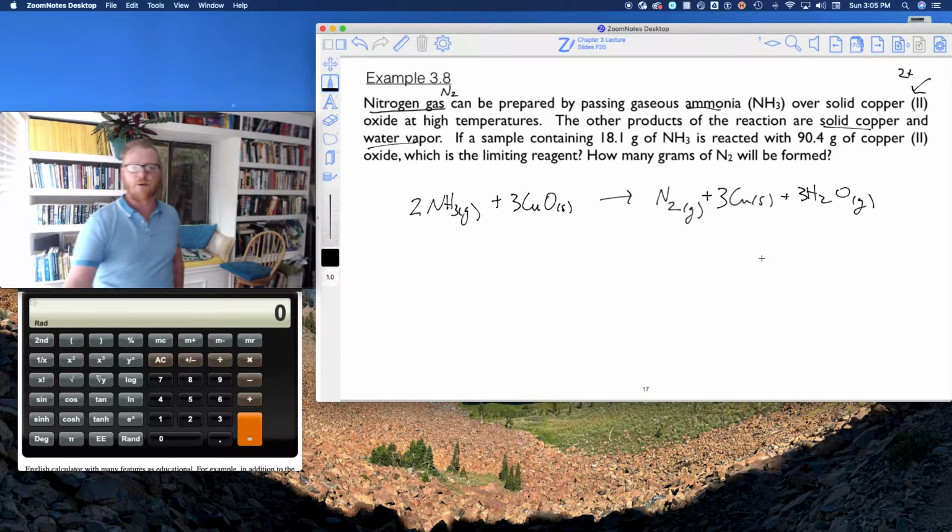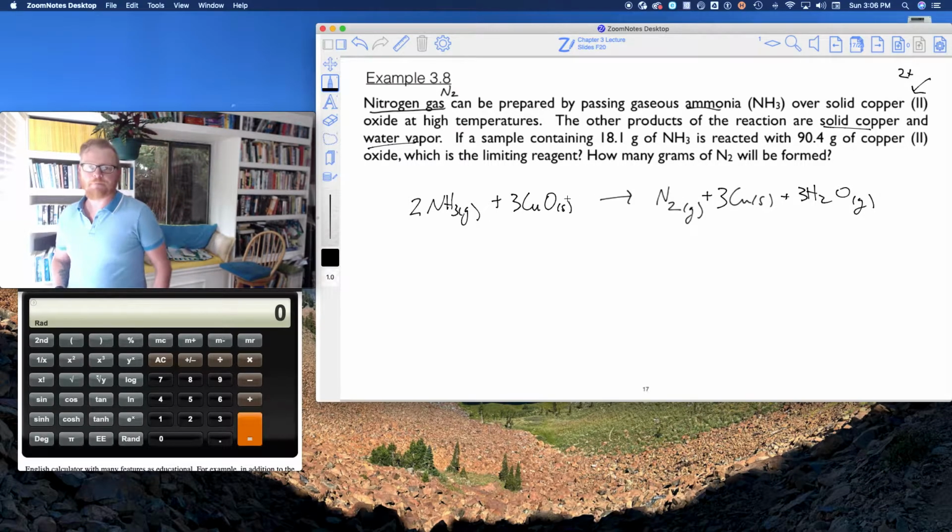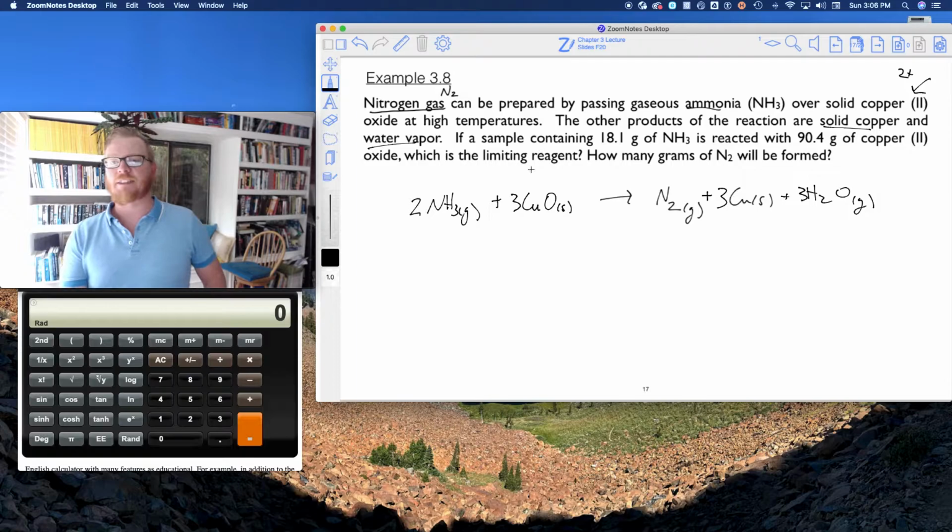And this is finally balanced. Okay, let's double check. 2 nitrogens, 1, 2, and then 2 nitrogens, and then 2 times 3 gives me 6 hydrogens, and 3 times 2 gives me 6 hydrogens, and then 3 oxygens, 3 oxygens, 3 coppers, we're good to go. Okay, so now what is this problem even asking me?